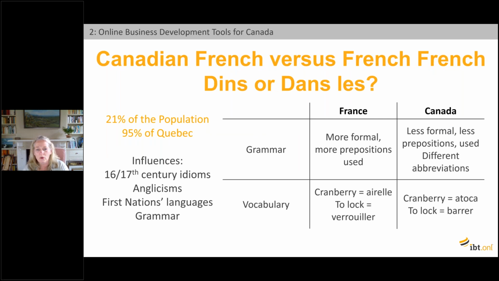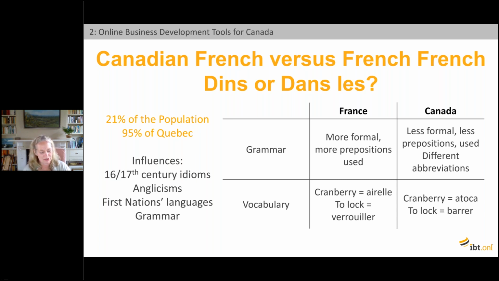Canadian French is quite distinctive, actually much more different than Canadian English is to American English. The French really split off quite a bit earlier and has developed quite differently. 21% of Canadians have called French their mother tongue, and it is a very strong political statement as well.